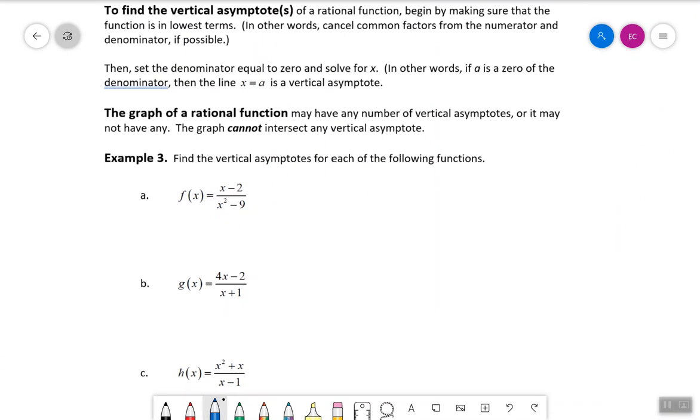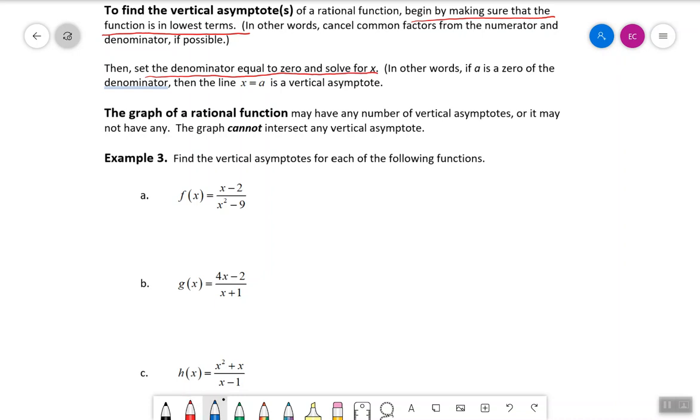We want to go through and find their vertical asymptotes first, and then their horizontal asymptotes a little later. How do you find vertical asymptotes? It's really a two-step process. First, we want to make sure that the function is in lowest terms. If it's not, we want to simplify it. And then all we want to do is set the denominator equal to 0 and solve for x.